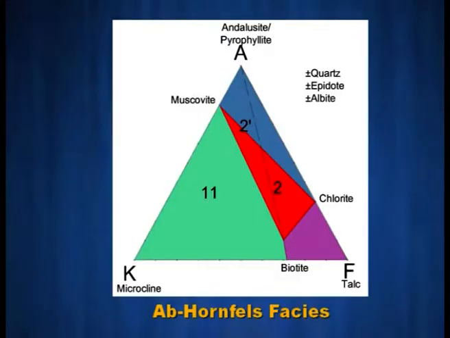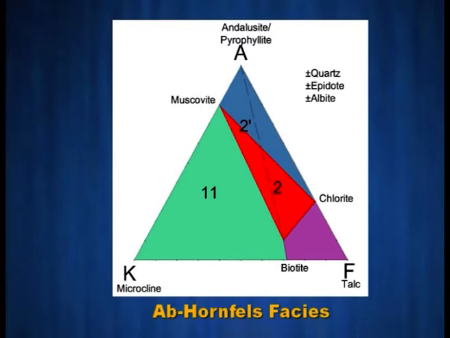With such qualification in mind, chemographic phase relation in the albite epidote Hornfels facies can be tentatively depicted in figures 1, 2 and 3. Figure 1, ACF diagram of albite epidote Hornfels facies. The possible additional phases are quartz, albite and epidote. Figure 2, AKF diagram of albite epidote Hornfels facies.